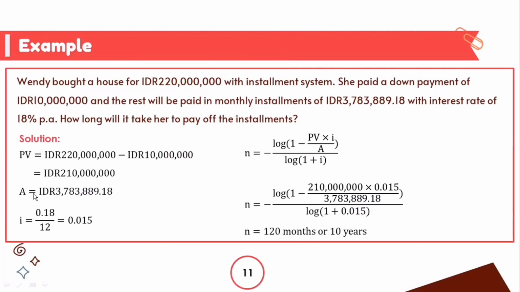A, or payments of period, is this, and interest rate is 18% divided by 12, is 0.015. And then we have to substitute the information to the formula for finding number of periods. So we get number of periods is 120 months or 10 years.